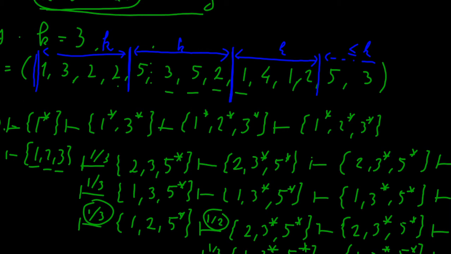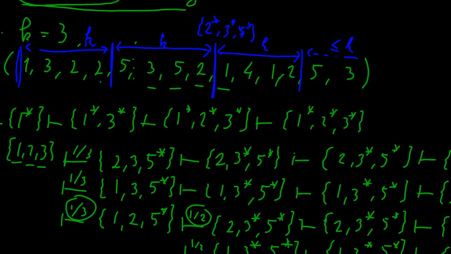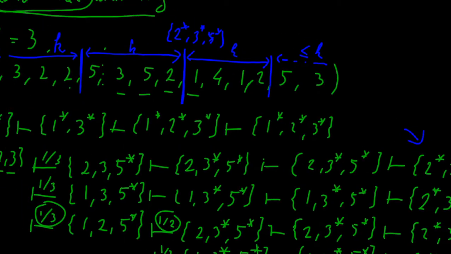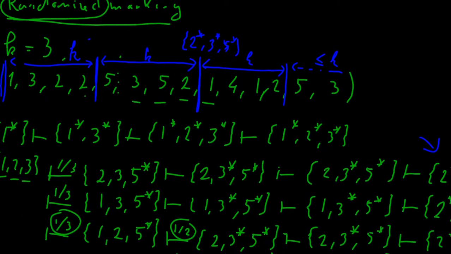Now for a marking algorithm, after a phase, the cache configuration will always be the set of elements of the phase. So for a marking algorithm, no matter if it's randomized or not, the cache configuration is definitely 2, 3 and 5 at this point. You can verify that this is the same as we've got in this last column, so it's fine. After the first phase, it's always 1, 2 and 3.